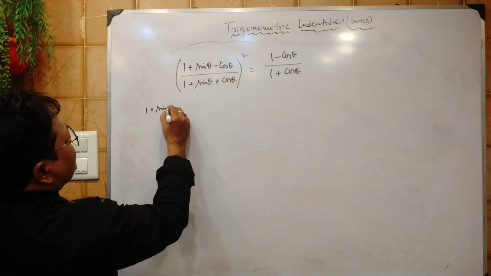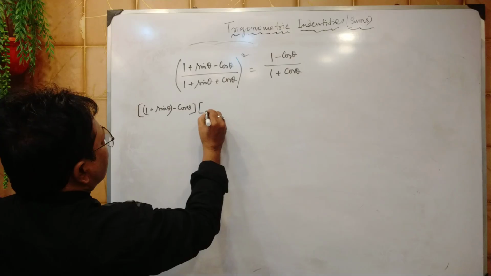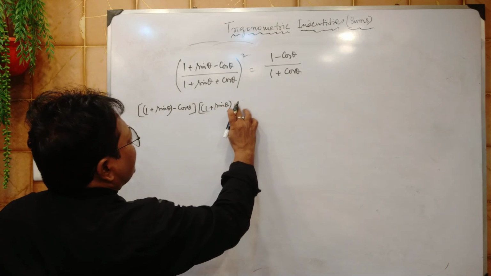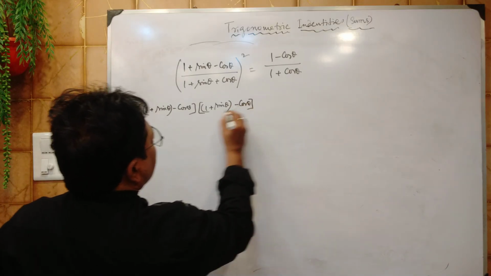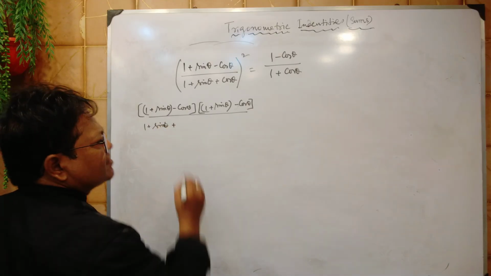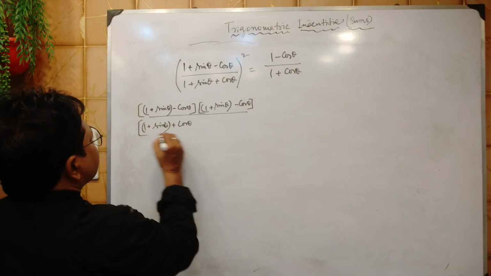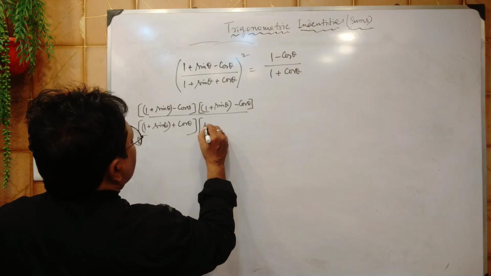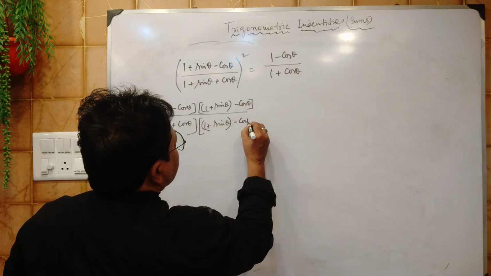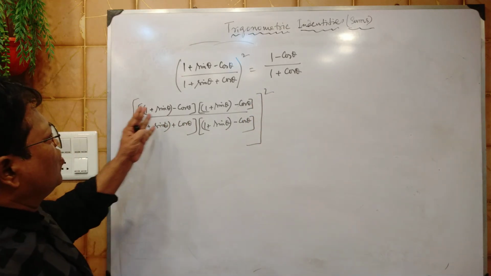1 plus sin theta minus cos theta into 1 plus sin theta minus cos theta, it is the conjugate of the denominator, divided by 1 plus sin theta plus cos theta into 1 plus sin theta minus cos theta, whole square.